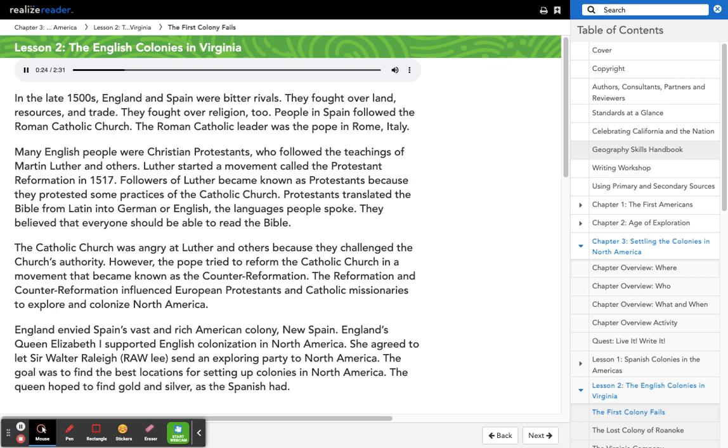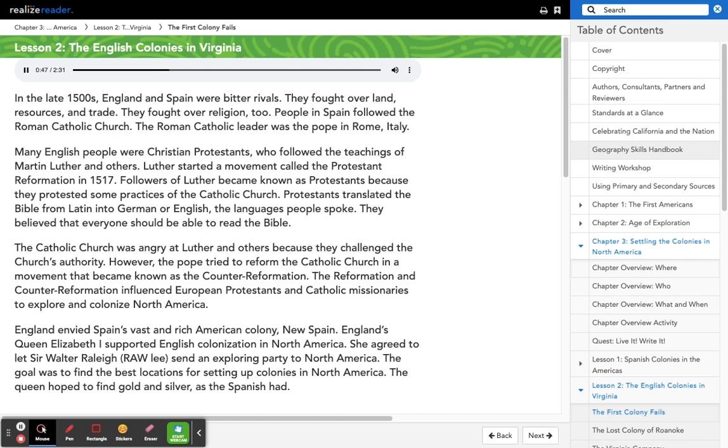Luther started a movement called the Protestant Reformation in 1517. Followers of Luther became known as Protestants because they protested some practices of the Catholic Church. Protestants translated the Bible from Latin into German or English, the languages people spoke. They believed that everyone should be able to read the Bible.